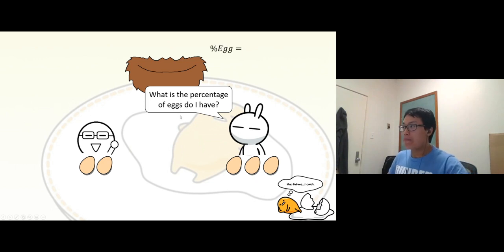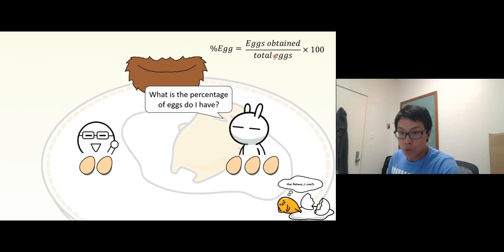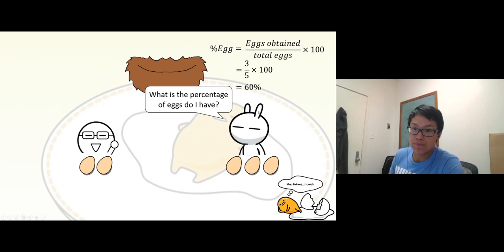Well, percent x is whatever x you get times 100 over the total x. If you don't know, you can use the formula, but this is like, you don't need a formula there, right? So in this case, Tusky got 3 over 5 total times 100. That is 60%. That's how we calculate percent, basically.